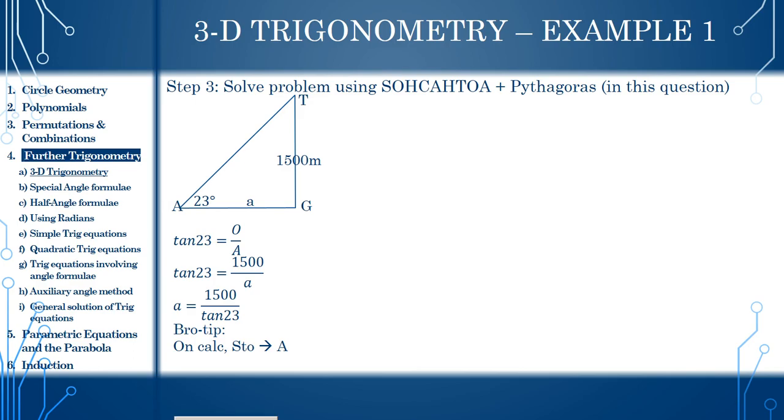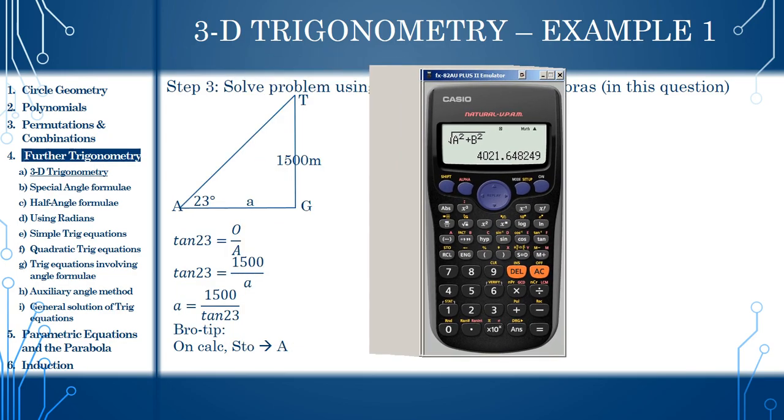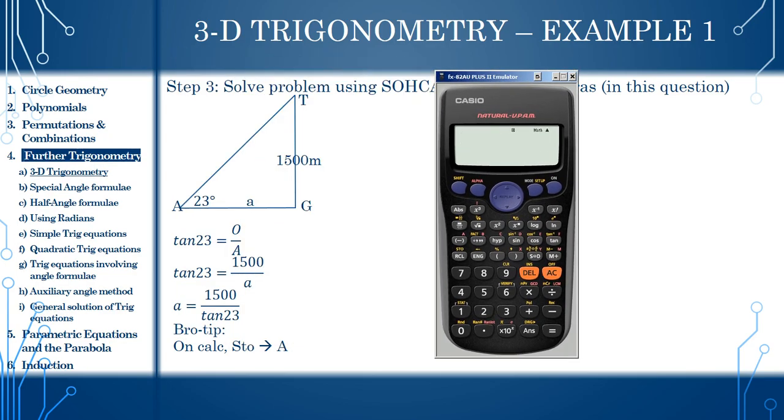Now, one really important tip that I'm giving you is to use your calculator's storage function. What I'm going to do is 1500 divided by, let's just clear the calculator's memory first. So we're going to press shift, clear, 3, equals, AC. Now the calculator's memory is cleared.